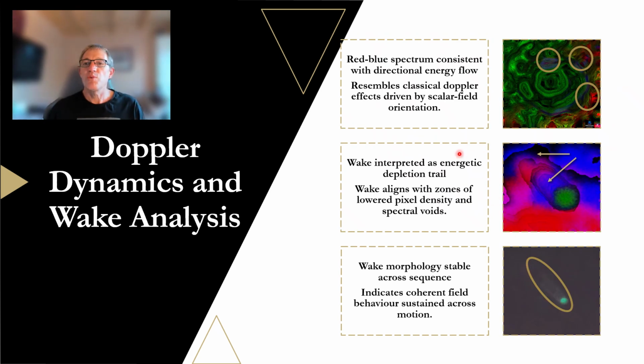Next in results, we've got this red-blue spectrum. This is quite a nice image analysis here that looks at classical Doppler effects driven by scalar field. So the orientation is a bit more detailed than the previous one.